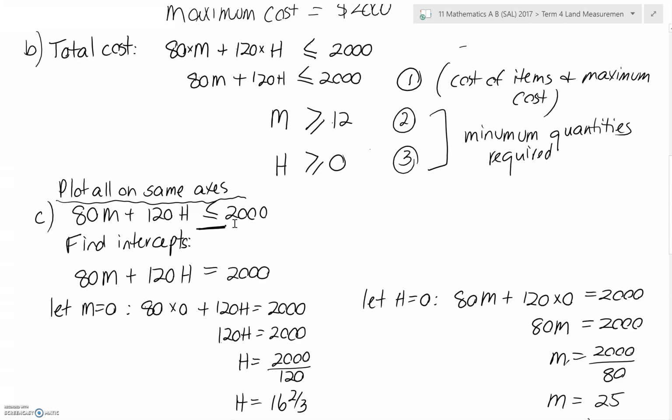So remember when we talked about these inequations with single variables, what it's saying is that we've got a line that goes through M at 12. And because there's no H in that equation, it's never going to touch the h-axis. It's going to be parallel to the h-axis.